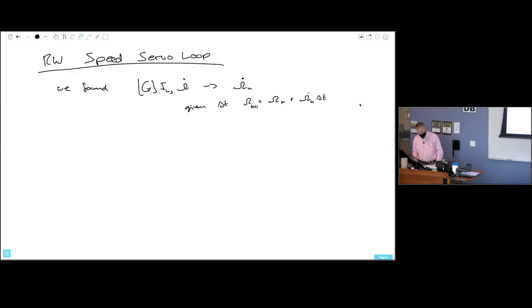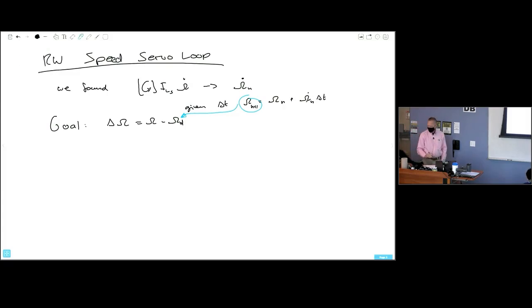So what's the goal? The goal is we have delta wheel speed, which is current wheel speed minus desired wheel speed. So from here, this is actually the desired wheel speed that you would have, right?